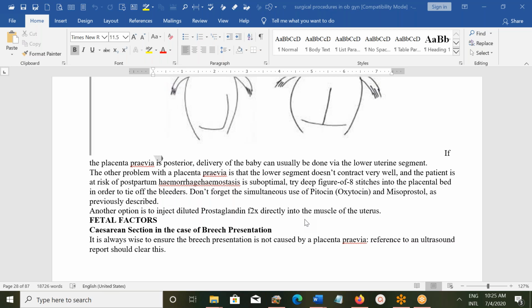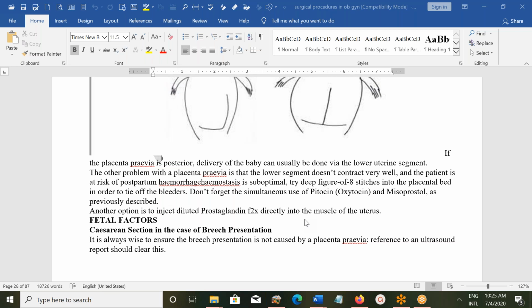Oxytocin has to be used, and you can give it IV, and then you will use all of the other things like misoprostol in a stepwise manner. All the colleges say that you can use pitocin or carbetocin because it is concentrated oxytocin, if it is available. You have to remember all the stuff we read about PPH.